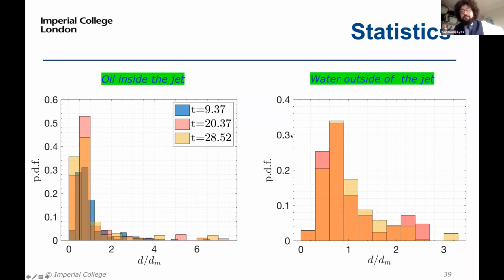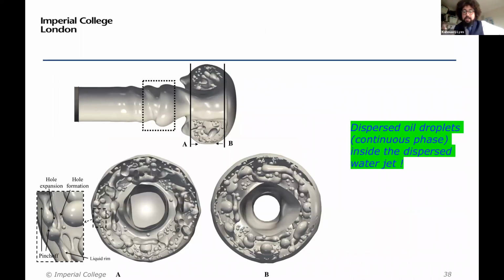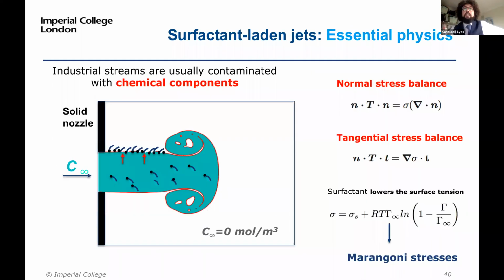The addition of surfactants will make things more complex. So it was really important to be able to carry out this type of simulation in a clean configuration without surfactant. The addition of surfactant will be more complex. So you add the Marangoni stress, and this is the configuration.